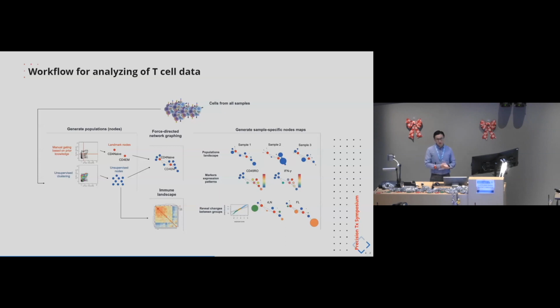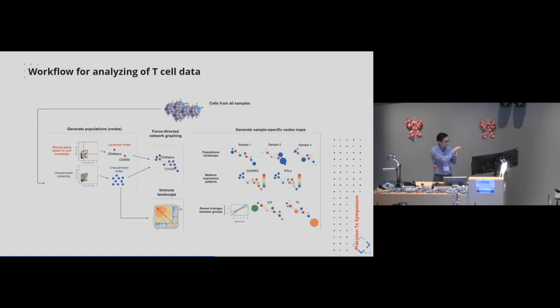But at the same time, we also use the traditional approach of manual gating to gate out the canonical populations like naive, memory, central memory, Th17, Th1, all these populations. Then we put the data together and use a force-directed map to visualize it and help us navigate the different populations.